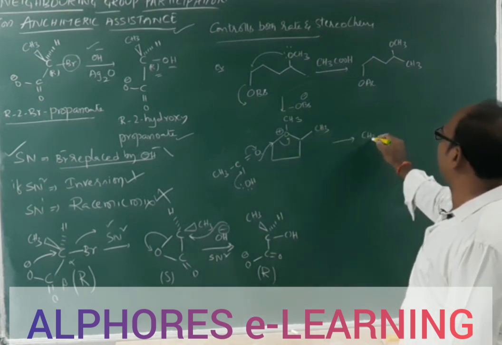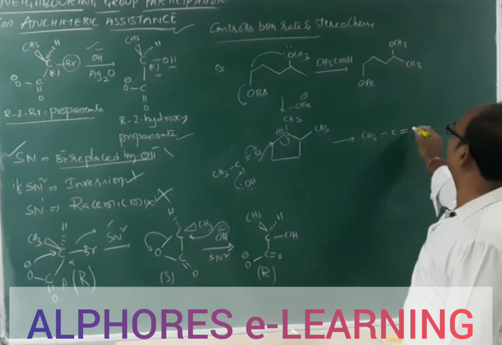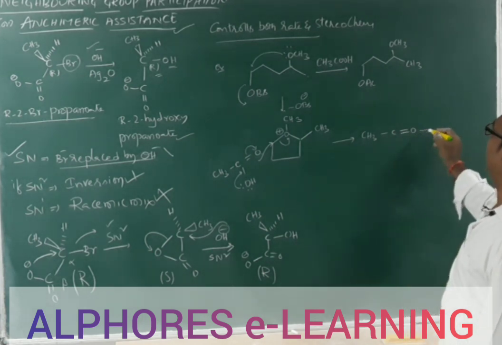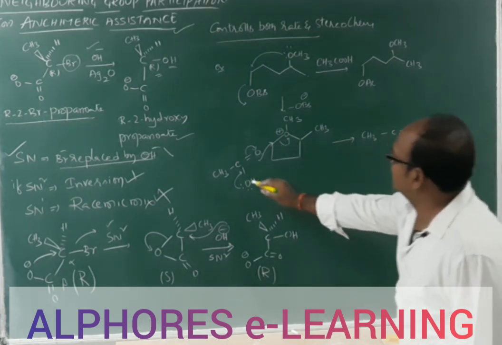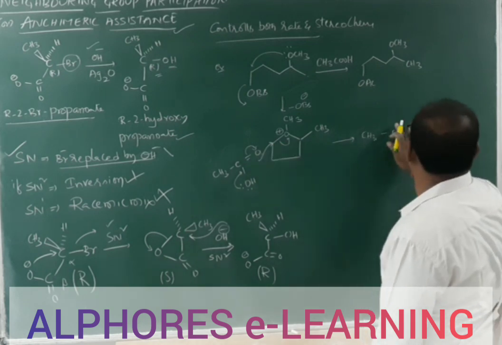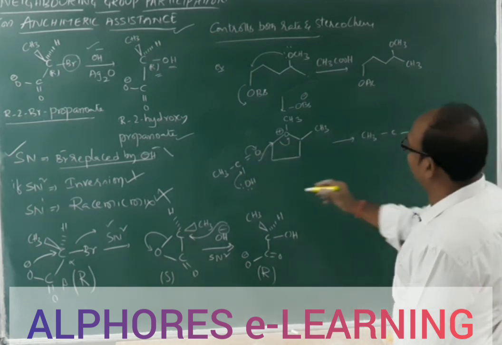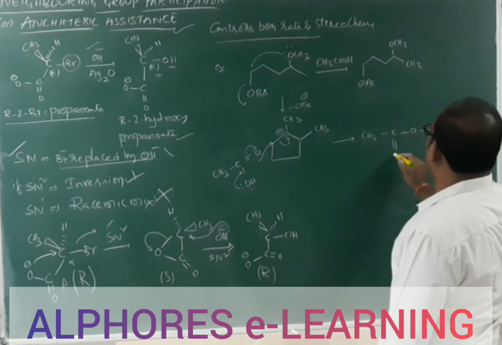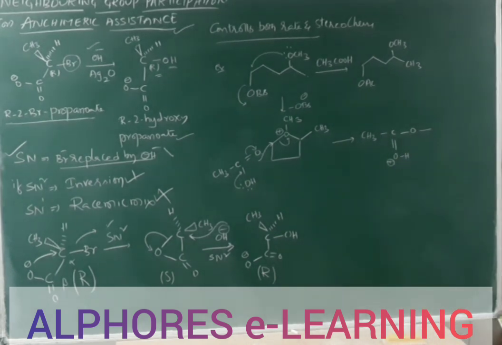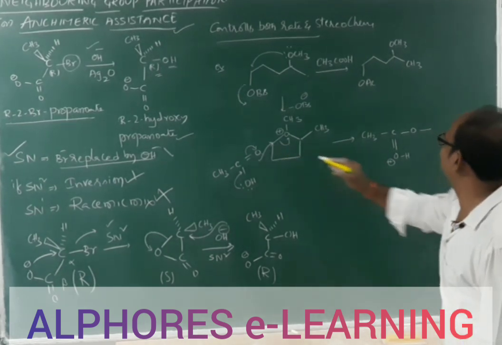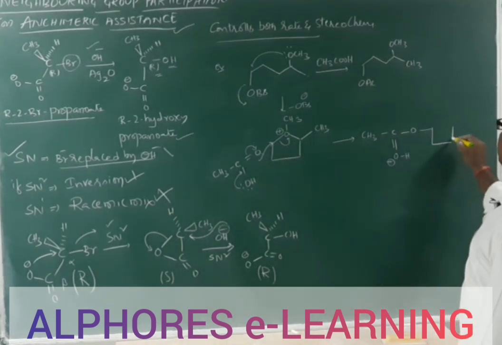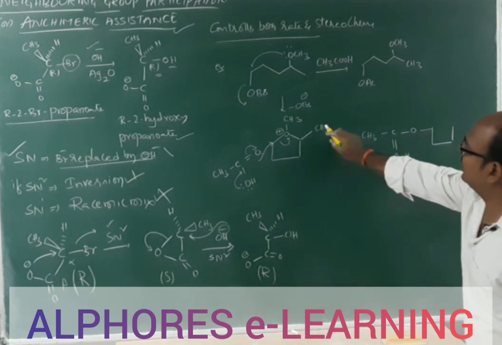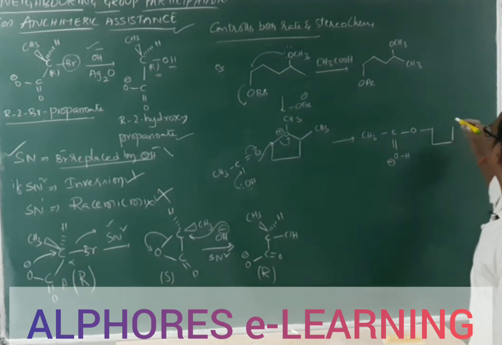As a result we get CH3 C double bond O. Here, between this carbon and this OH, whenever these electrons are shifted, the double bond turns to a single bond, and between carbon and this oxygen a double bond is there. Now this oxygen bears a positive charge and this carbon is attached to one CH3 and one OCH3.